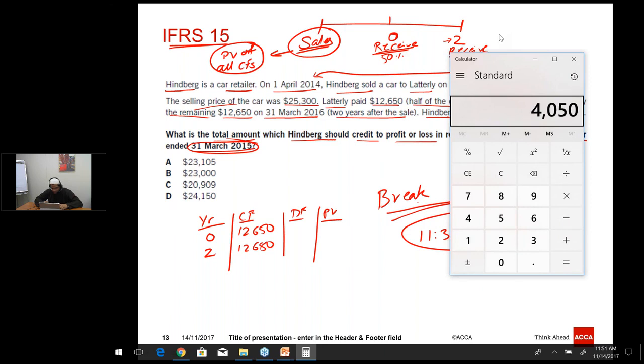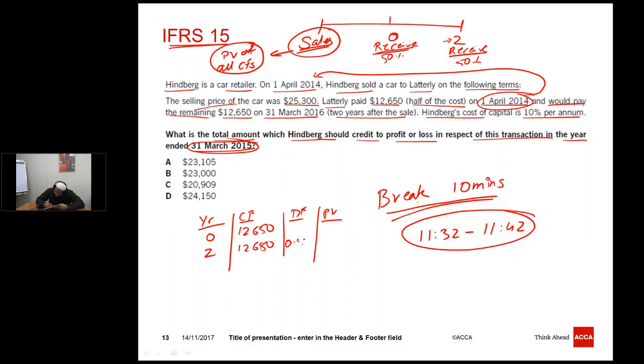I'm going to say 1 divided by 1.10 to the power 2. So this is the discount factor. No, am I wrong? 1 divided by 1.1 to the power 2 is going to be 0.826. So the discount factor is 0.826, and today it's 1, so 12,650 would remain as it is.